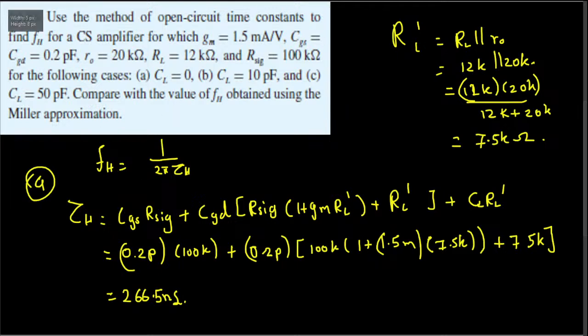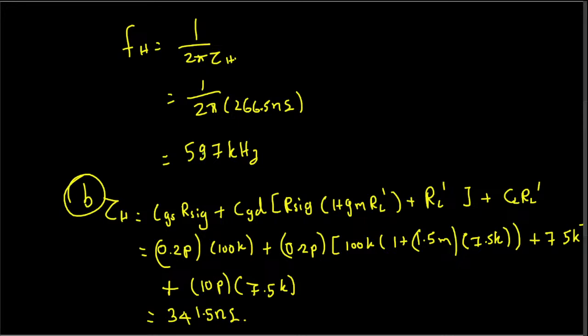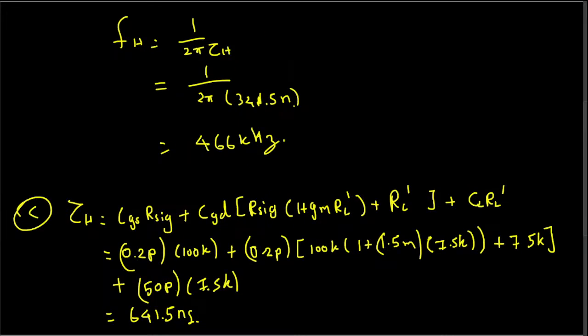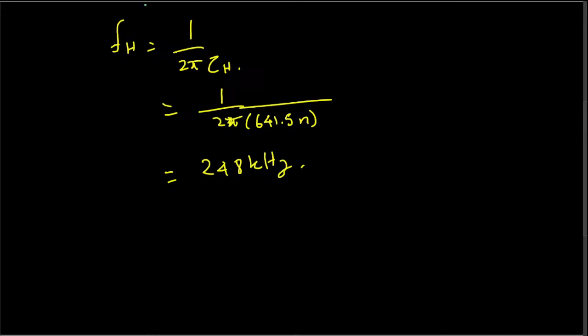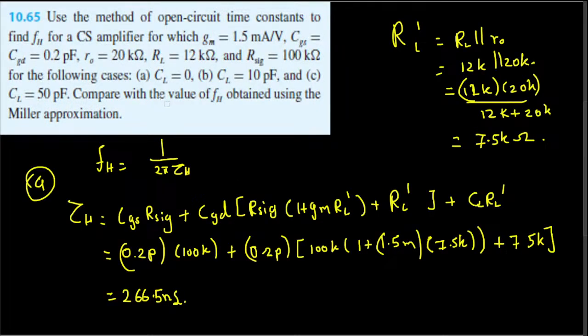So in the A part, we got the FH value to be 597 kilohertz, and in the B part we got the FH value to be 466 kilohertz, and in the C part we got the FH value to be 248 kilohertz. And then they are asking compare with the value of FH obtained using the Miller approximation.